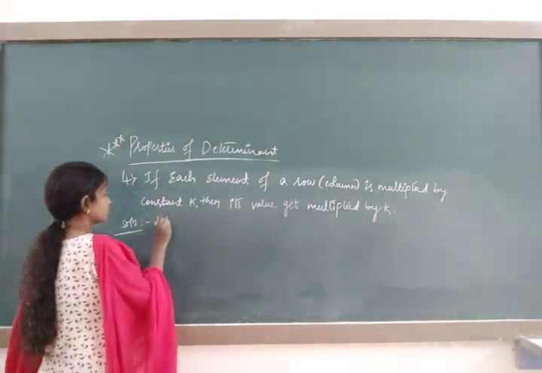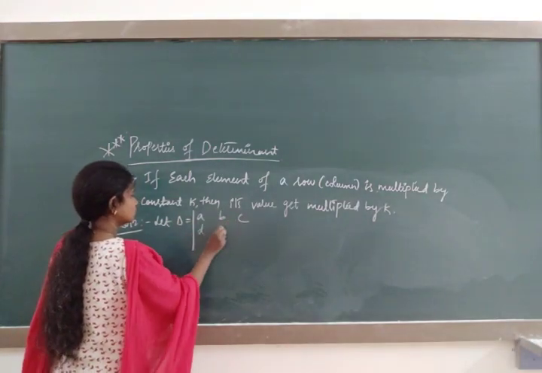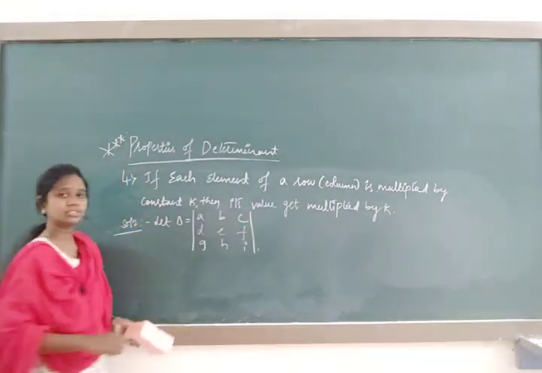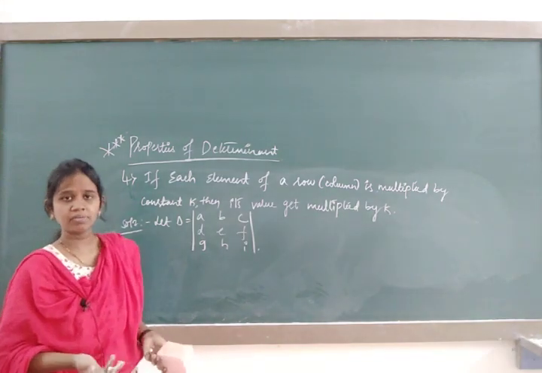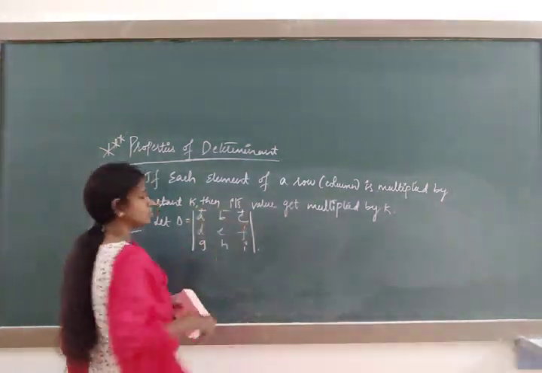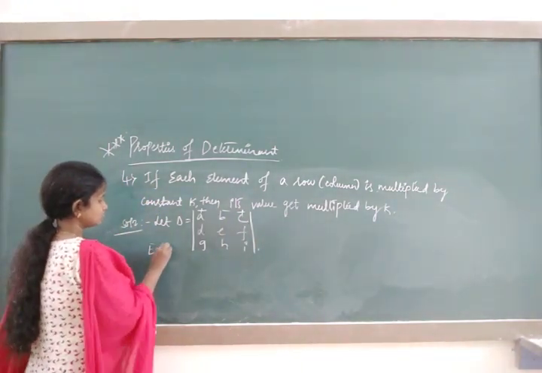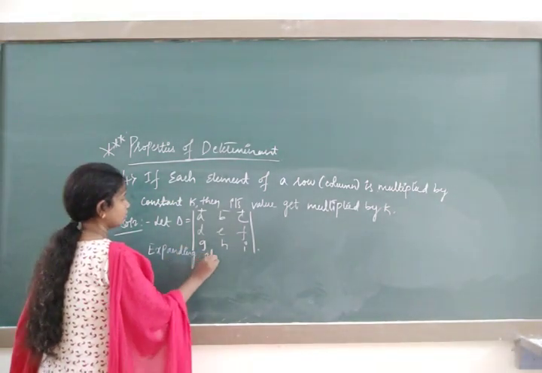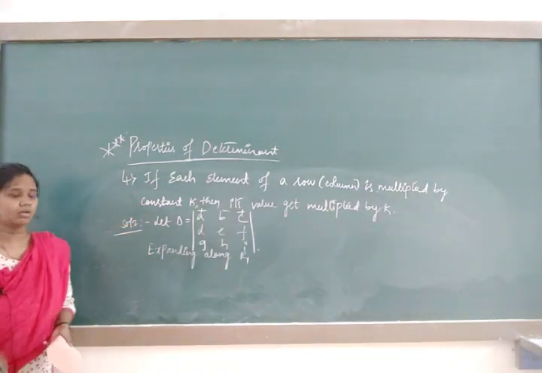Let delta be equal to this, our determinant. Whenever we have a determinant, we are going to expand that one. So plus, minus, plus, expanding along R1.